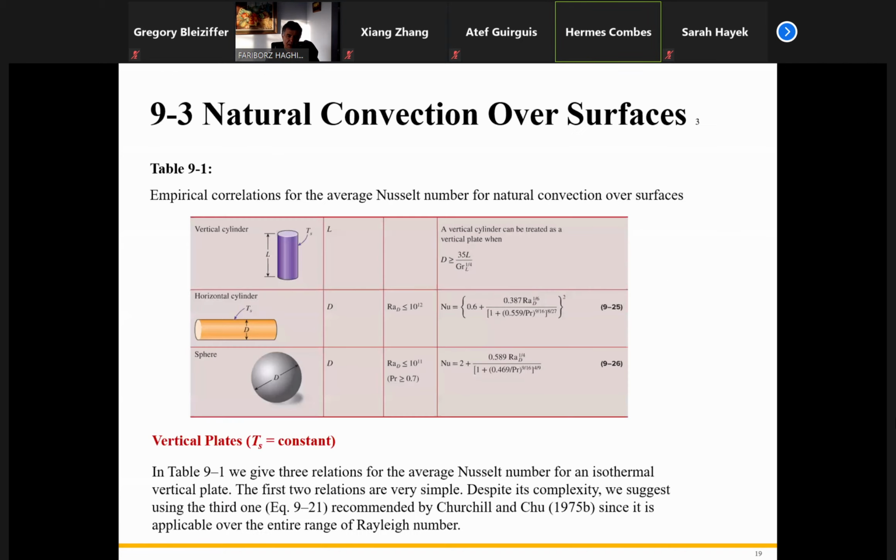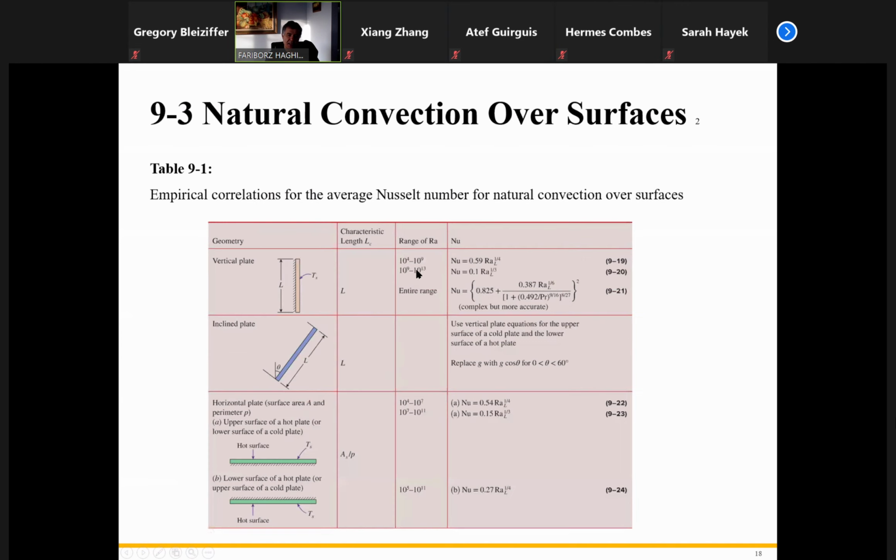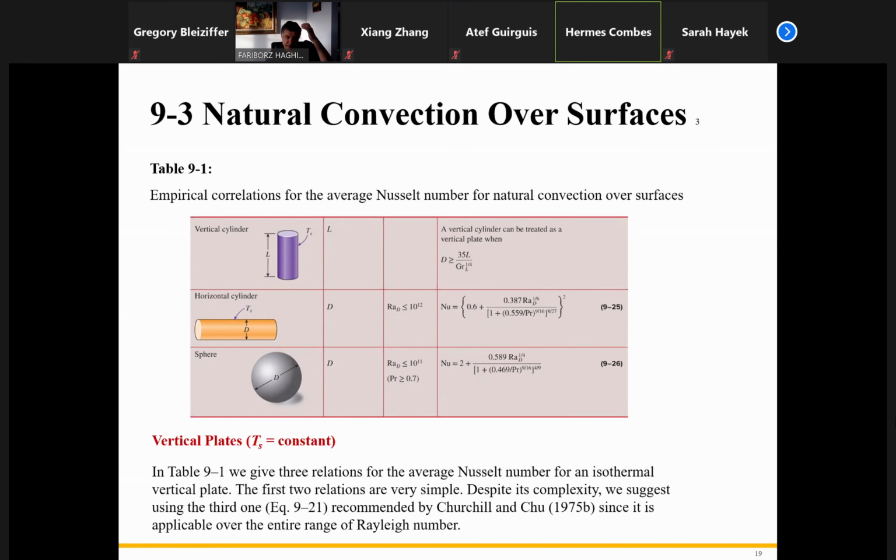What do we do about the diameter? If it's bigger than this one, you can go and use this correlation here. Otherwise, you have to look at other textbooks because there are some other equations.